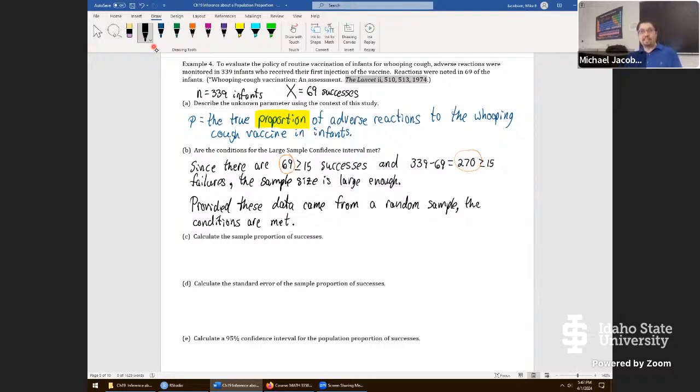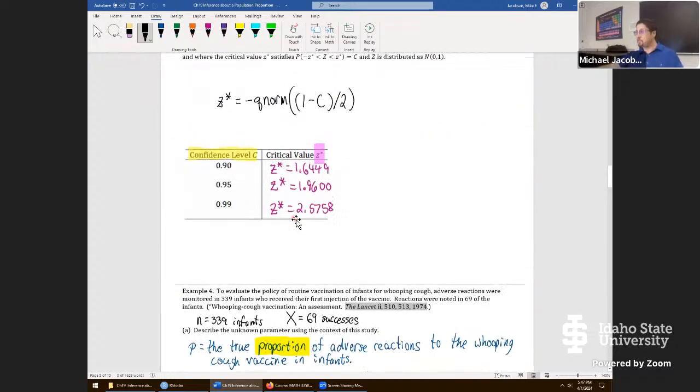And there's one condition we didn't actually directly touch. It was the one about the actual sample size at 339 infants could not exceed 10% of the total population size, which would have been all infants. That seems very plausible. We're only looking at 339 when we're considering all infants. We're looking into a huge, huge number. So the condition I'm thinking about is this one up here.